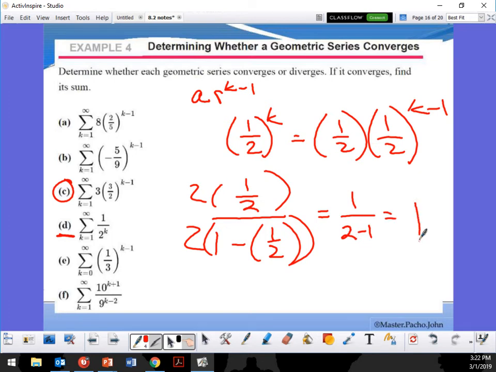So this whole sequence, the series, will converge to 1. Is that super neat? You're like, bam, that just happened. All right, so like I said, that's that tricky math right there.